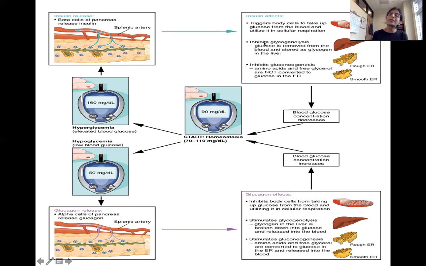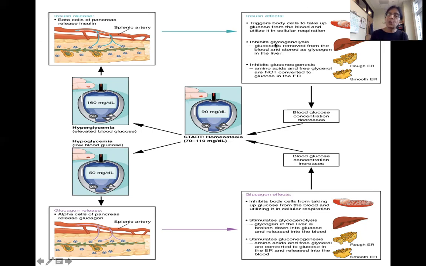And when insulin is around, what it does is already discussed, but it's a great review for us. It triggers body cells to take up glucose from the blood and utilize it in cellular respiration, that is, in the production of ATP.